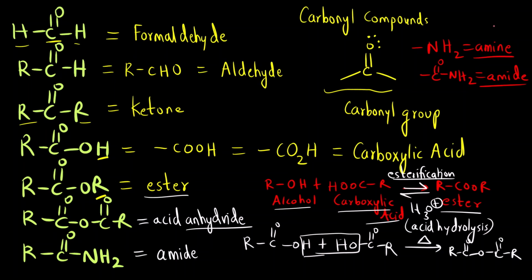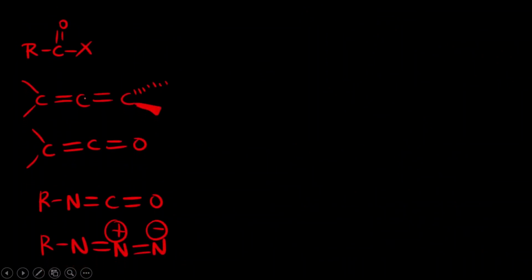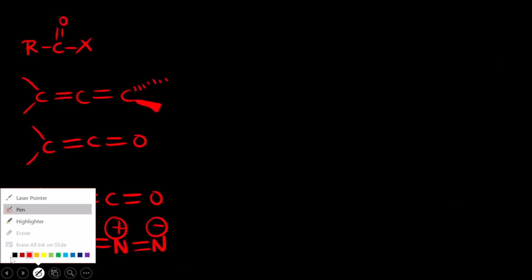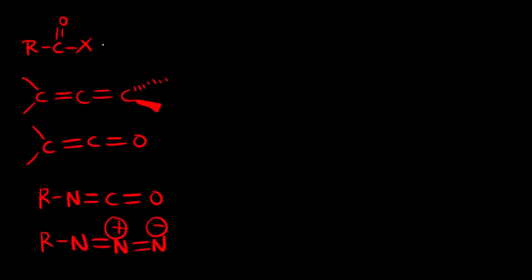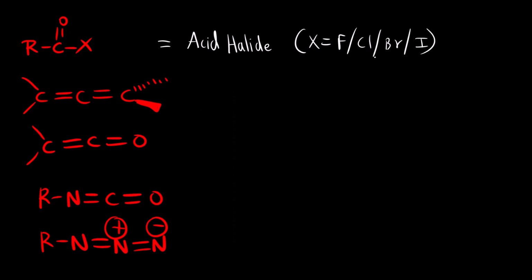Only NH2 is amine, and if it is C double bond O NH2, then it is called amide. So these are some more functional groups. RCOX is called acid halide. X is again any halogen: fluorine, chlorine, bromine, or iodine.